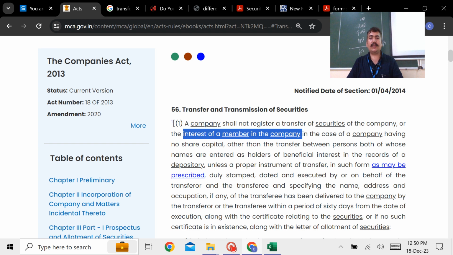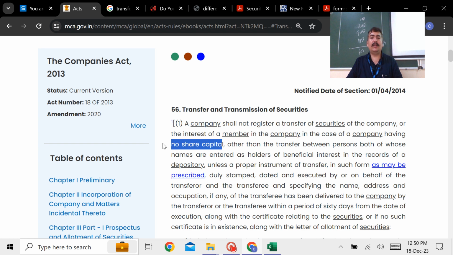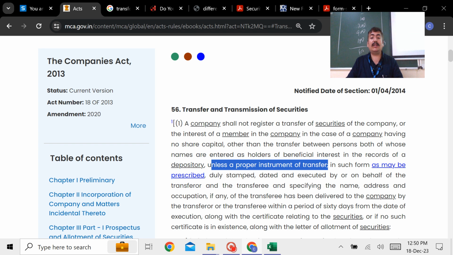Okay? And it is also written, in the case of a company having no share capital, other than a transfer between persons both of whose names are entered as the holders of beneficial interest. What is this beneficial interest? That I will tell you later on. Unless a proper instrument of transfer, duly stamped, dated, and executed, either by transferor and transferee.